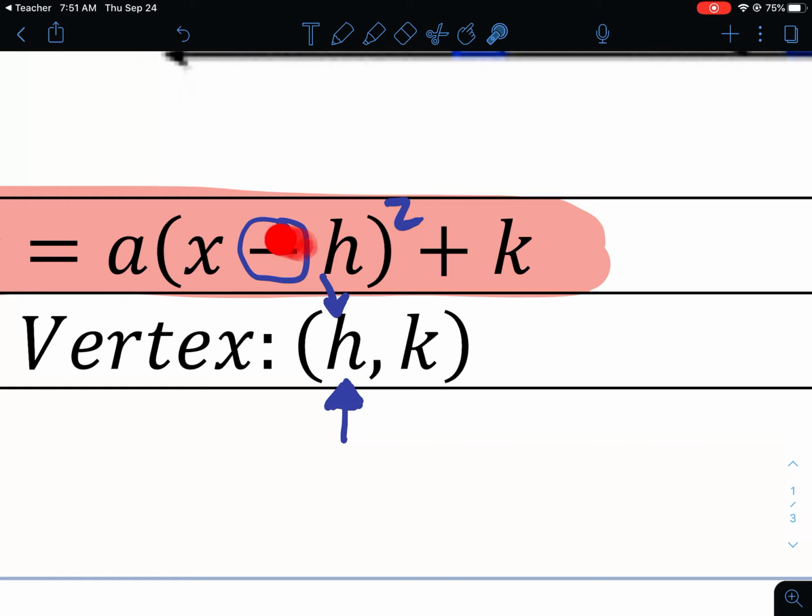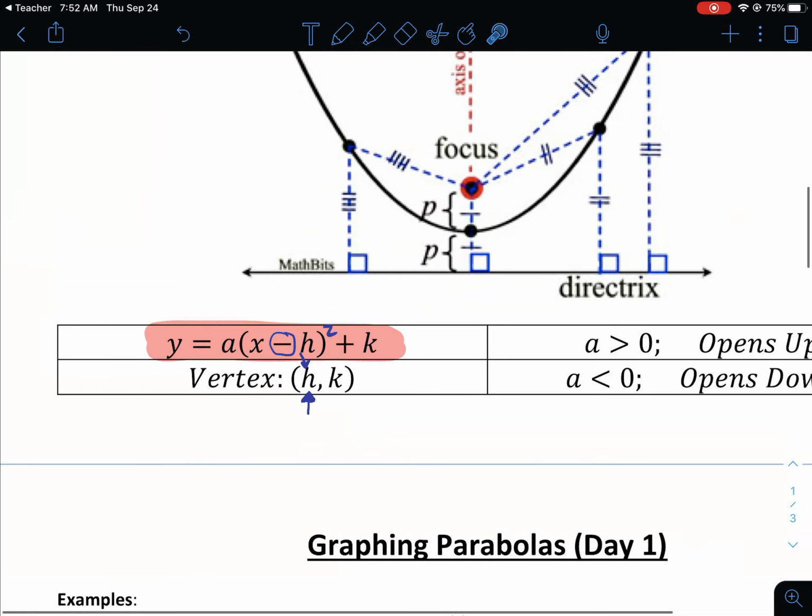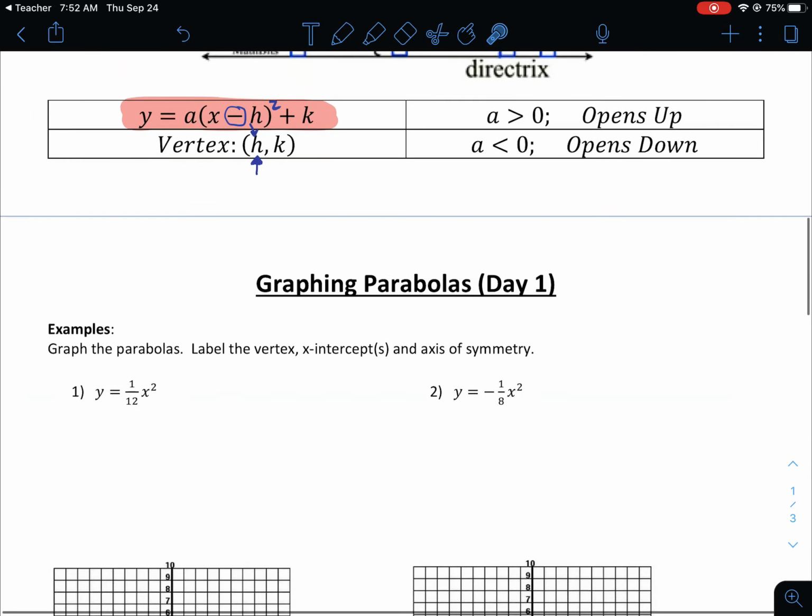Because what is right here has the negative incorporated with it, we want to remove the negative so the signs change. So whatever's here, it's actually opposite, and then k just comes down. So when you're looking at the equation and you're trying to find the vertex, just remember that this is opposite of what it should be. And I'll remind you later.